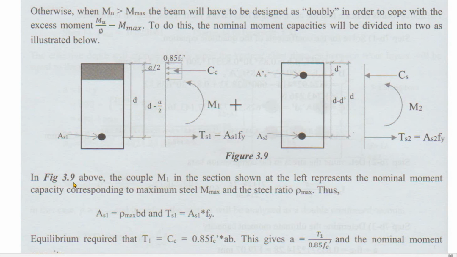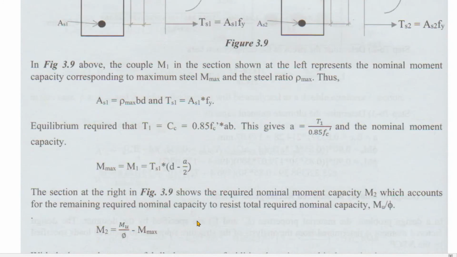In figure 3.9 above, the couple M1 in the section shown at the left represents the nominal moment capacity corresponding to maximum steel and the steel ratio rho max. Thus, AS1 is equal to rho max BD and TS1 is equal to AS1 Fy.